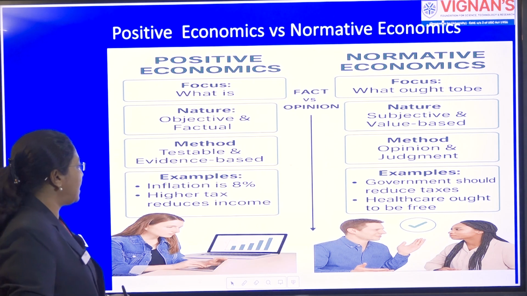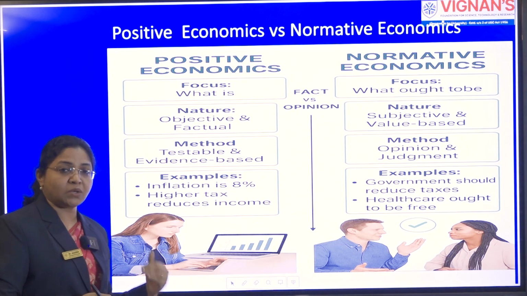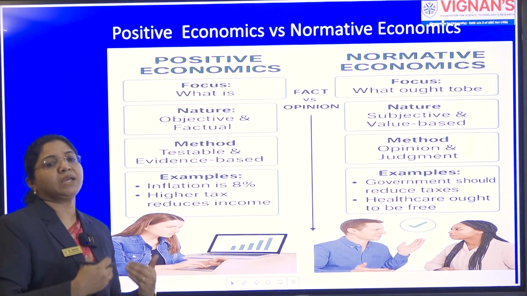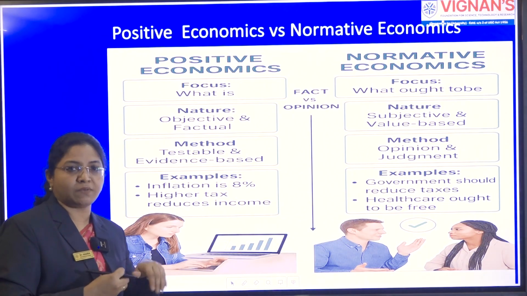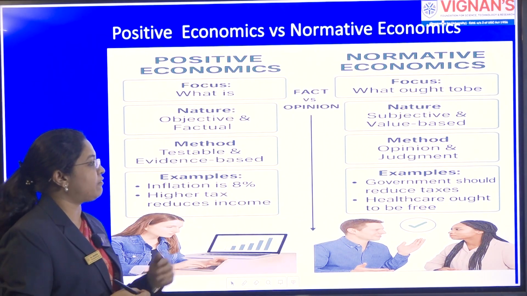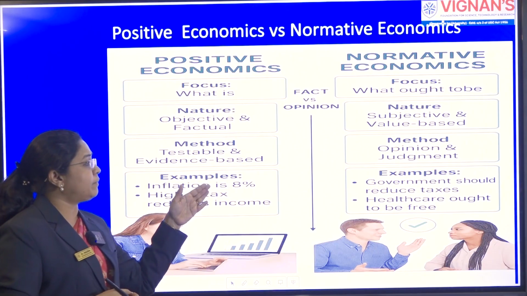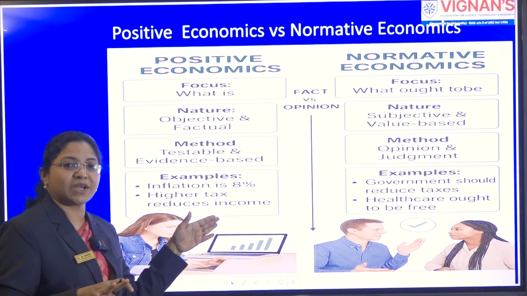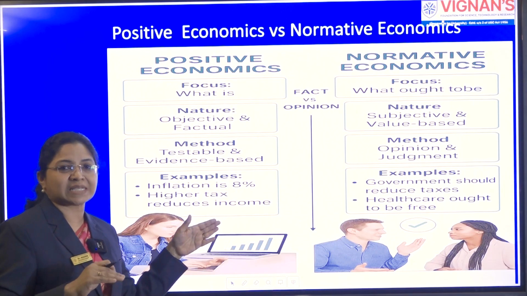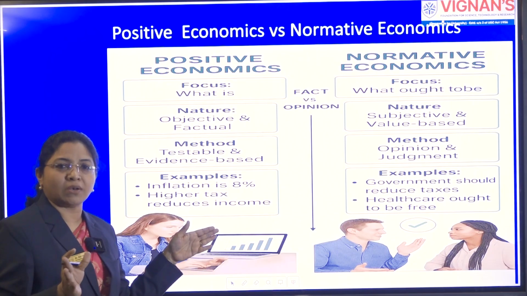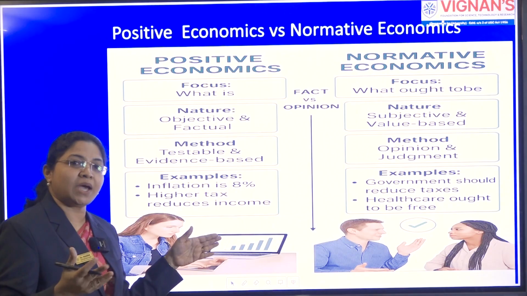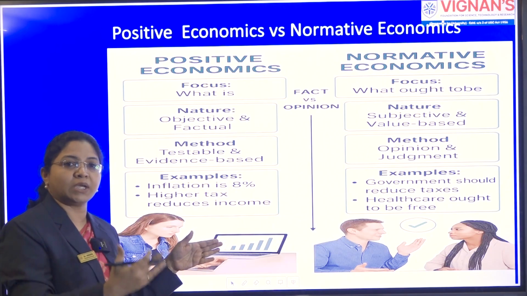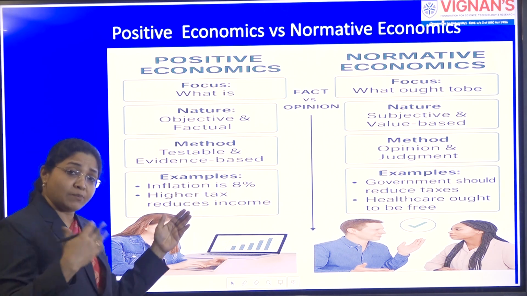One more example: higher taxes reduce income. As we tax more, the disposable income with the person will reduce. In a similar fashion, we always dream that we should have very low taxes or no taxes at all as a country, as a person. That would be a normative approach of looking at something.